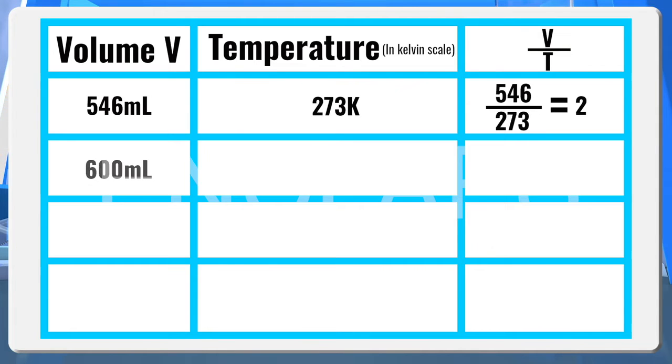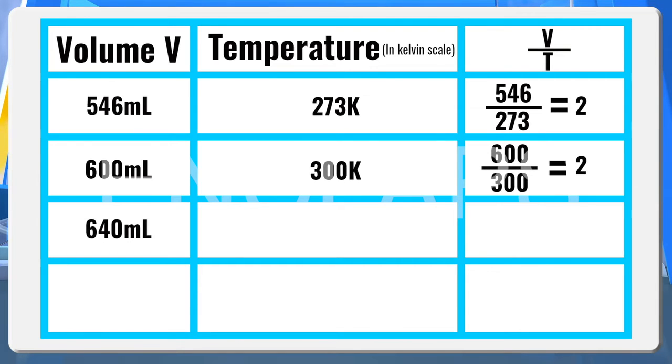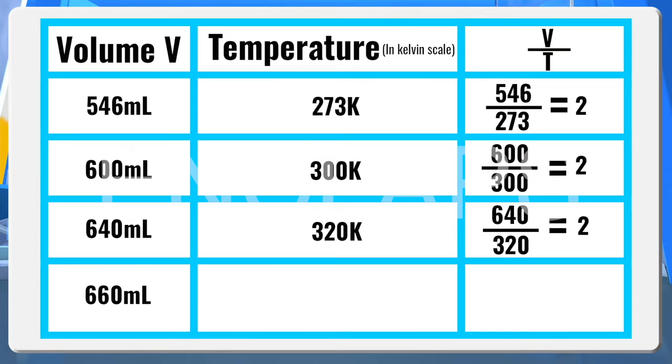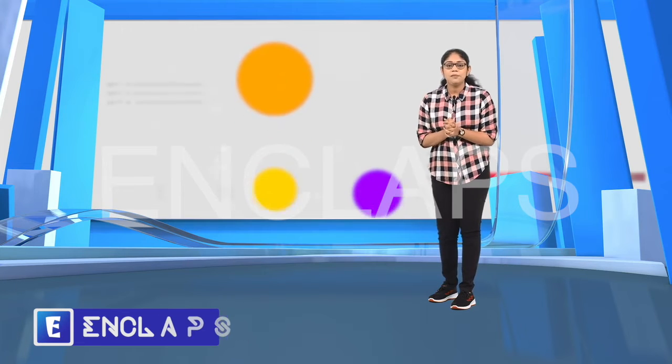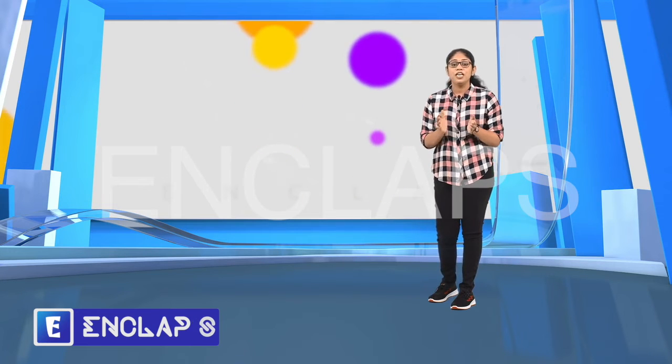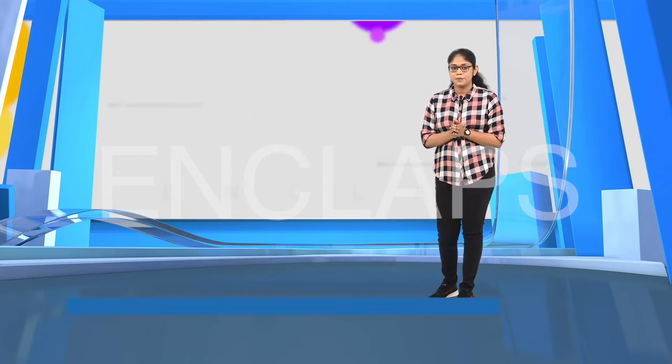Then 600 milliliter, 300 Kelvin, V by T is 2. 640 milliliter, 320 Kelvin, V by T equals 2. Then 660 milliliter, 330 Kelvin, V by T equals 2. So, from the table, it is very clear that V by T is a constant.